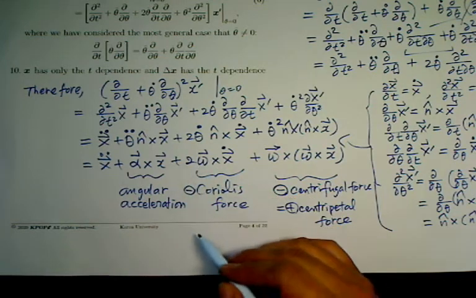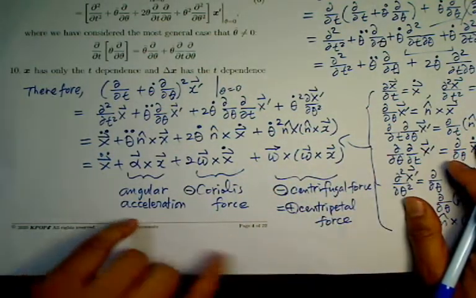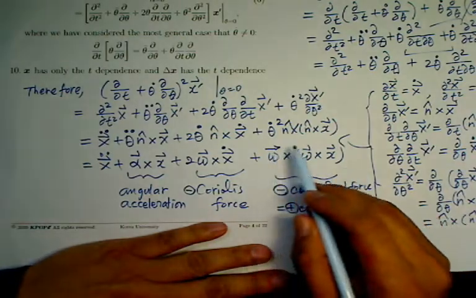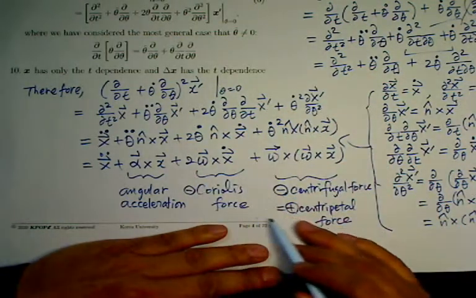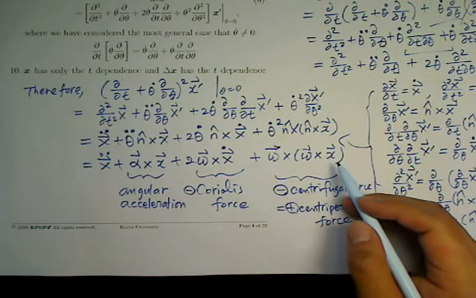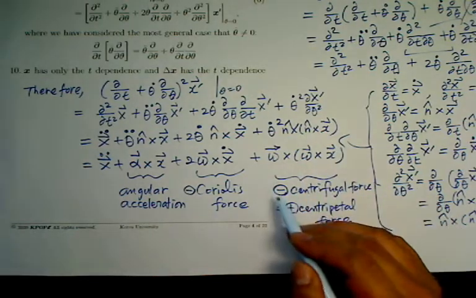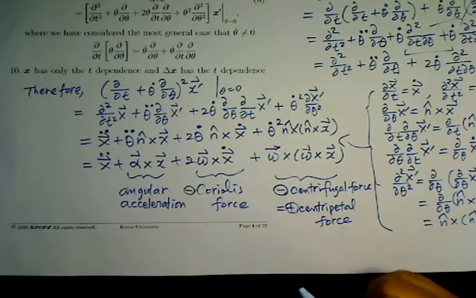So minus of this amount is called the Coriolis force that depends on the rotating frame. This is actually the centripetal force that makes something rotate in this way. However, in the rotating frame, it is seen to be minus value of this. So that is the centrifugal force.